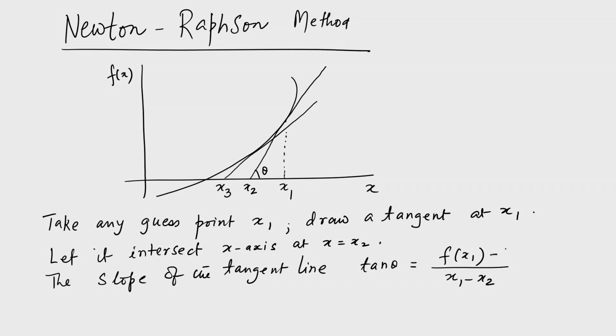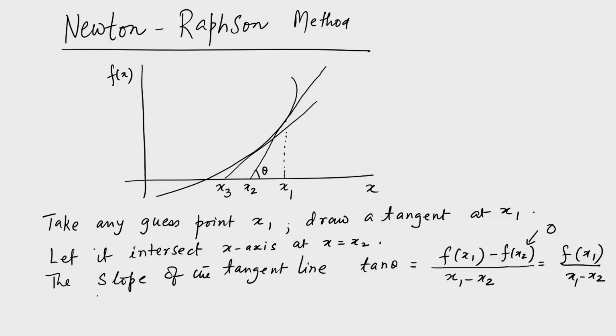Of course, it is f of x 2 as well, but f of x 2 is equal to 0, because you see that the function is cutting the line at exactly x equal to x 2. So, that is the slope of the tangent line.